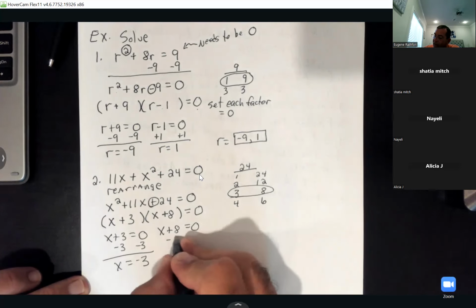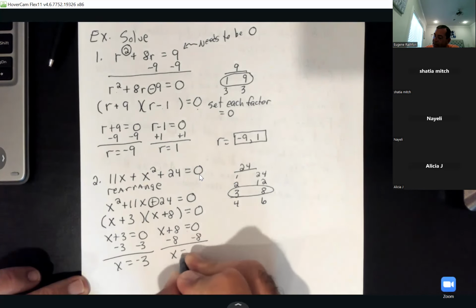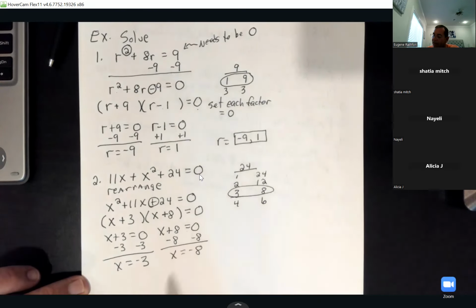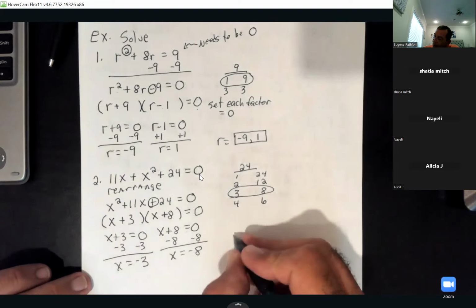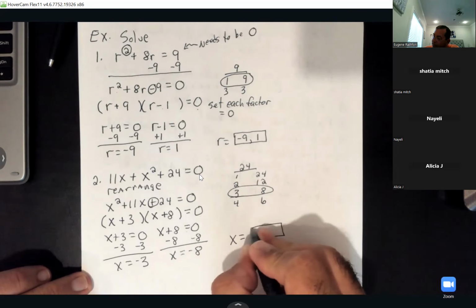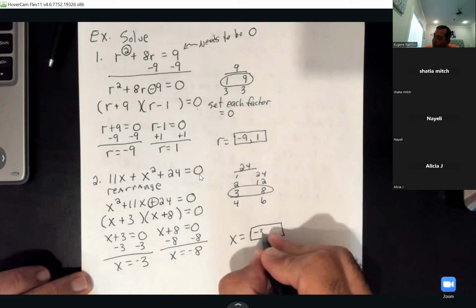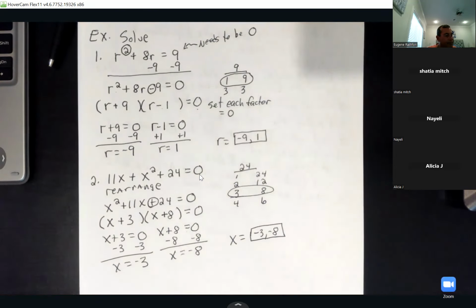On the second one, we subtract 8 from both sides, and we get x equals -8. So if they factored and they were both positive, when you solve them, they will both be negative. And then on MATLAB, we don't have the x equals. All we got to do is come in and put our two answers.